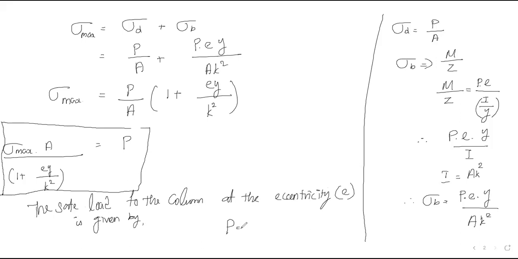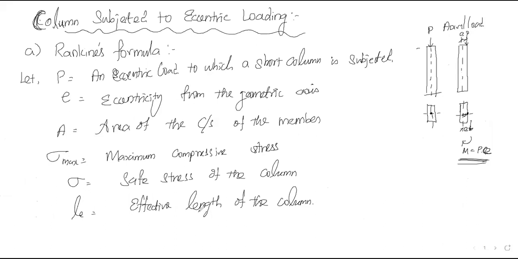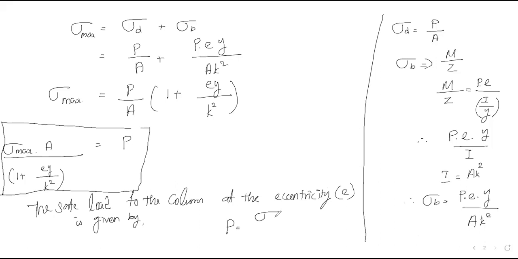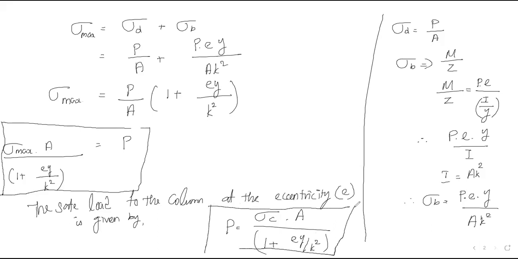Here P is equal to, only the stress value is going to change. If it is safe load, the stress becomes sigma C. So P is equal to sigma C into A divided by 1 plus E Y by k squared. This is the formula if we are going to calculate the safe load.